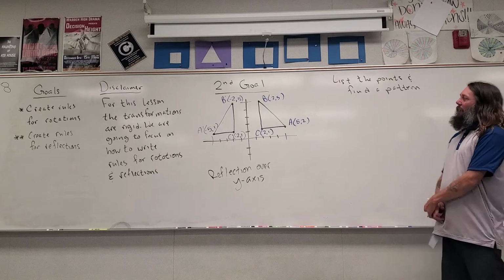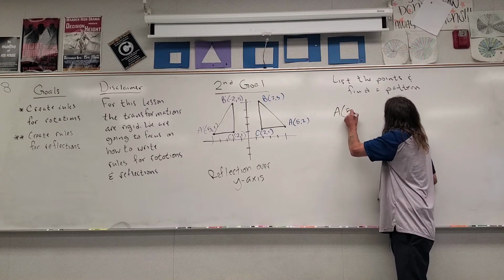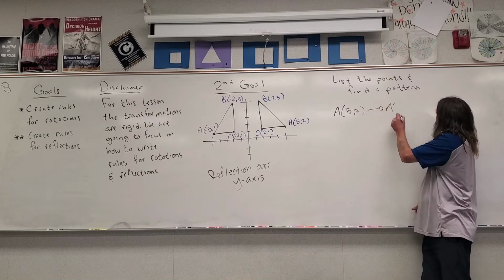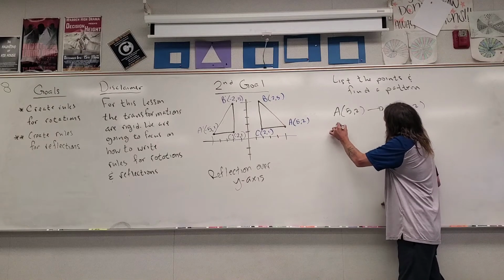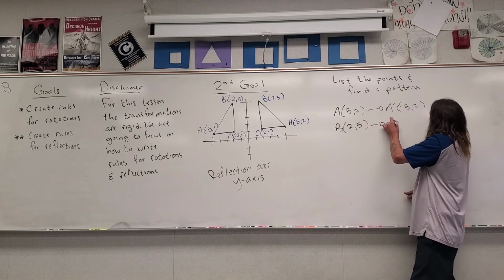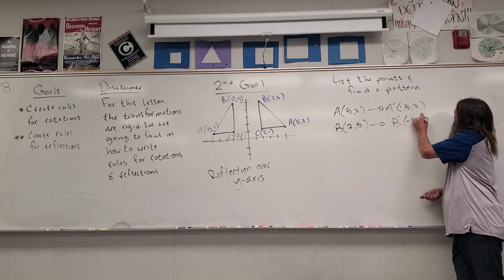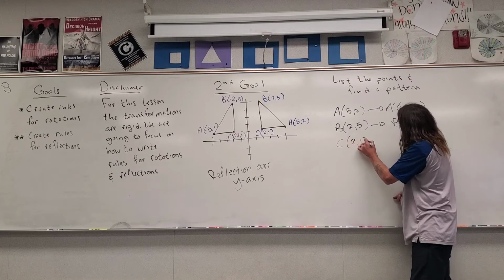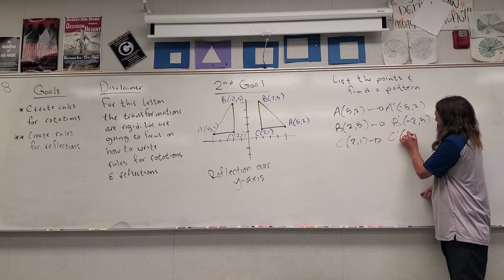I apologize. All right, so I know that A, which is at 5, 2, maps to A prime, which is at negative 5, 2. I know that B, which is at 2, 5, maps to B prime, which is at negative 2, 5, and I know that C, which is at 2, 1, maps to C prime, which is at negative 2, 1.